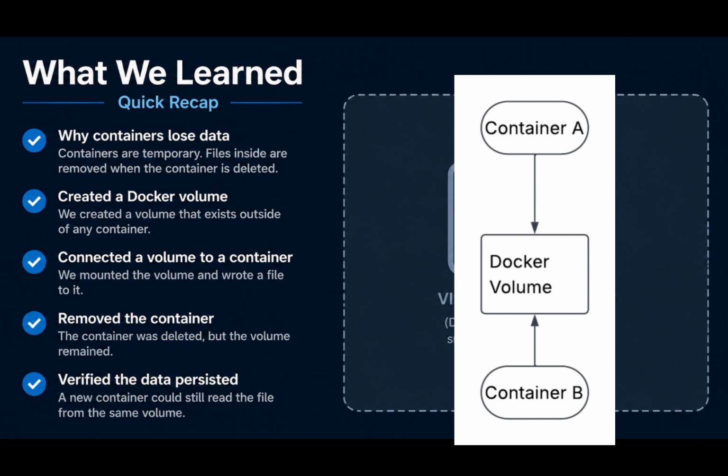Containers are temporary, but volumes are designed to persist. By separating your application's data from the container itself, Docker makes it easy to replace, update, or remove containers without losing important information. You now understand one of the most important concepts in Docker and a technique you'll use in many real-world projects.